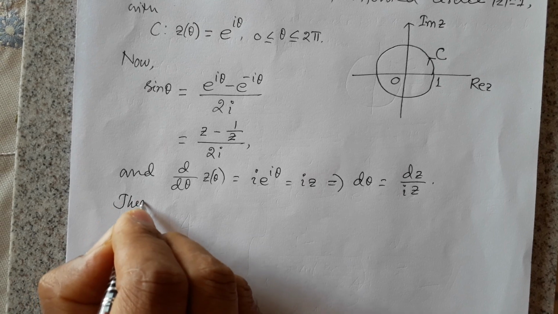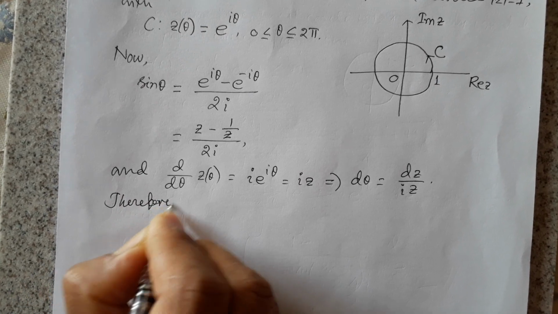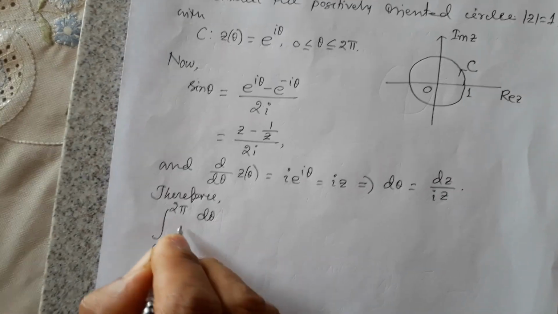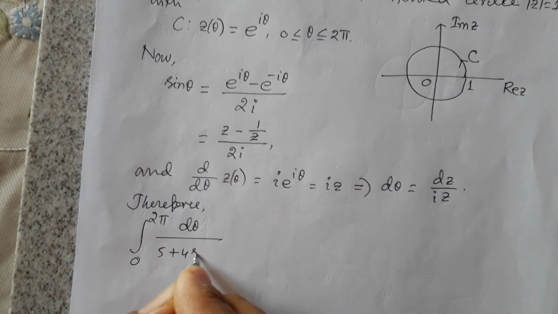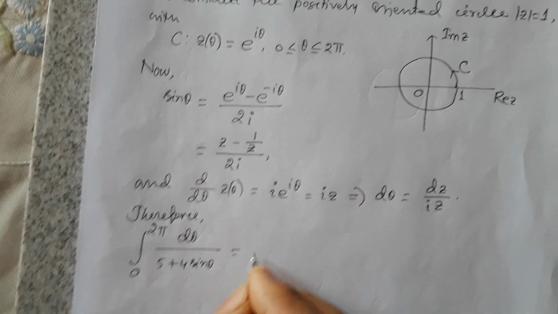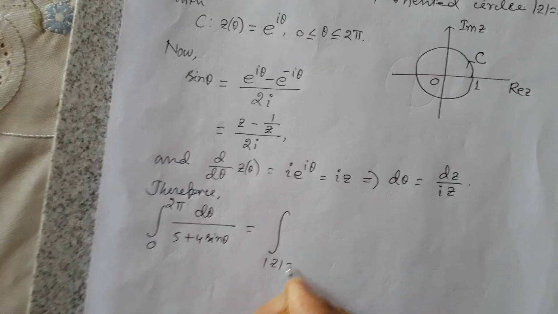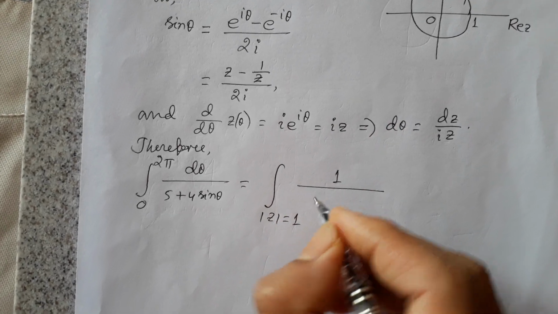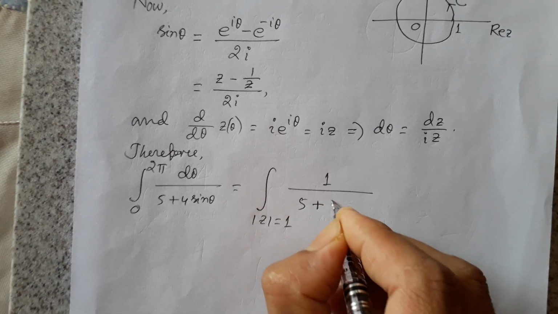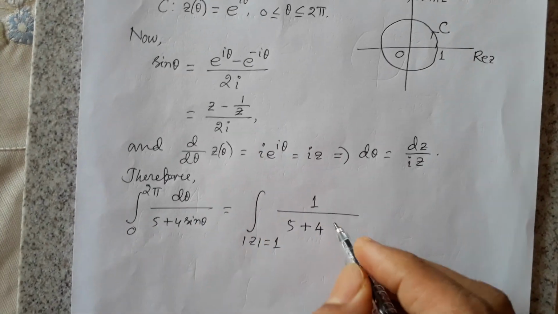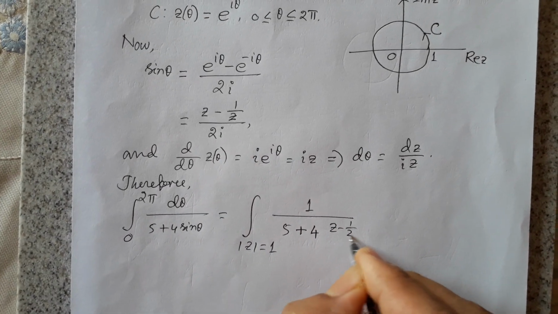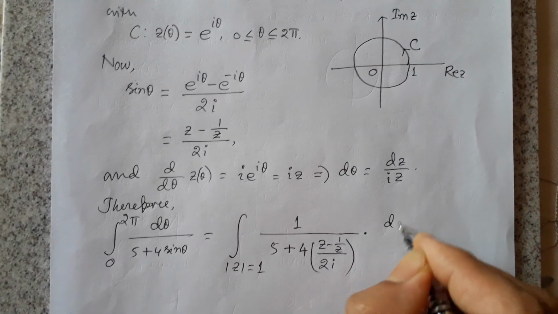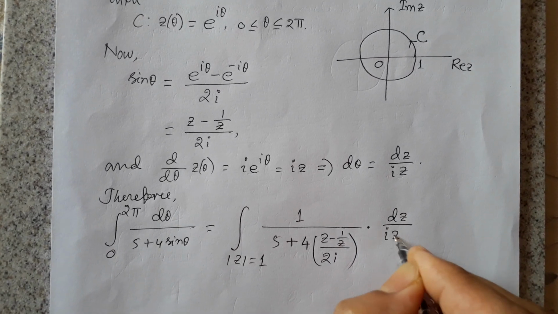So our definite integral from 0 to twice pi of d theta over 5 plus 4 sine theta becomes the contour integral over modulus of z equal to 1 of 1 upon 5 plus 4 times sine theta, where sine theta is z minus 1 by z divided by twice i, into dz by i z.